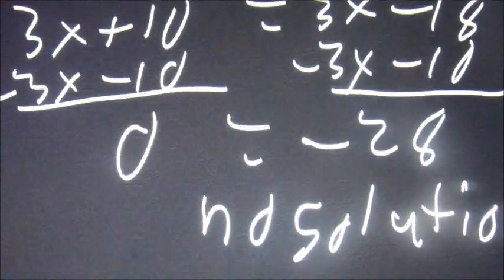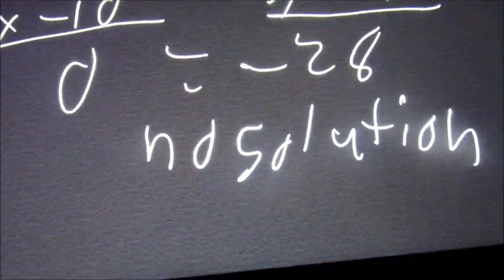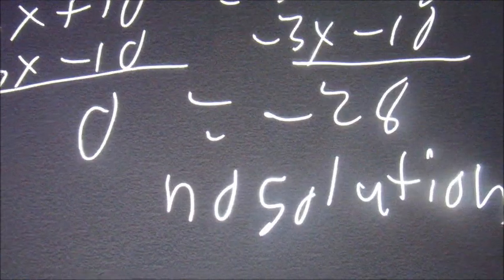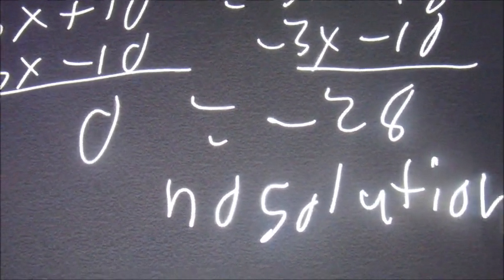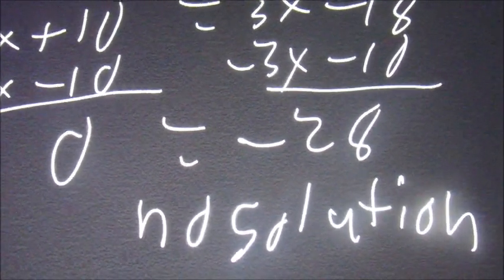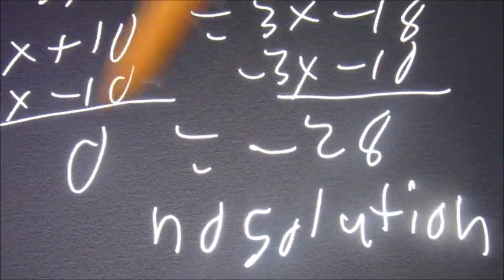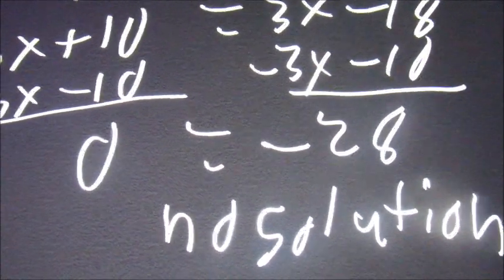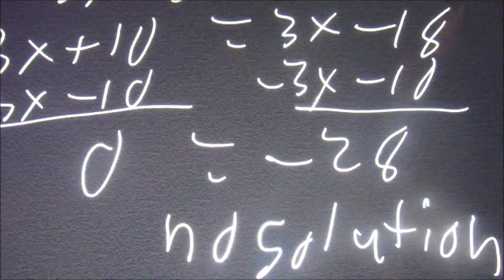Now on this one, you can keep going and you're going to get 0 equals something, or you're going to get 1 equals something besides 1. But you're going to have two numbers that are different from each other on both sides of the equal sign, and you're going to have no x.